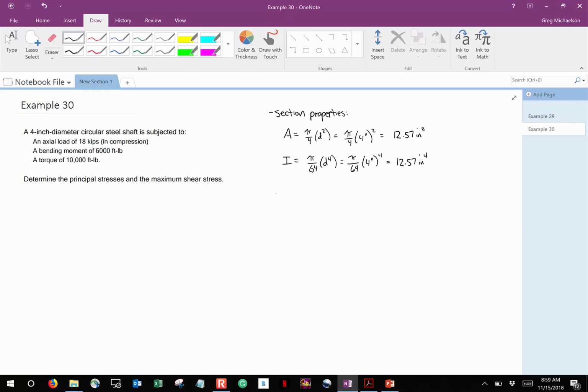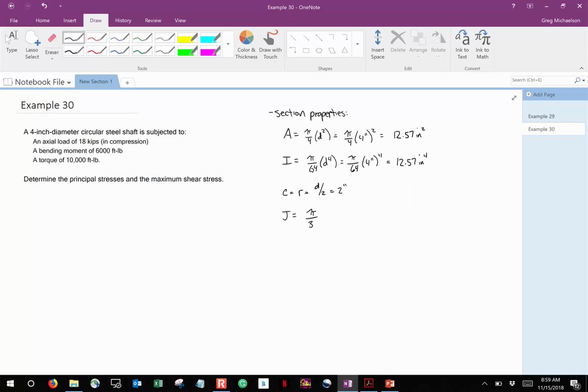Okay. We are going to need a C value. Now a C value is the distance from the centroid to the outermost fiber. So if you have a circle, how far is it from the centroid to the outermost fiber? That's the radius. And so that's d over 2, so that's 2 inches. And last, since we have a torsional component, we are going to need a J value.